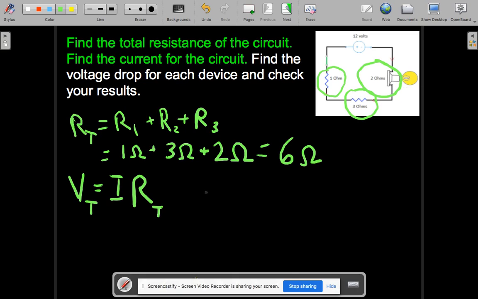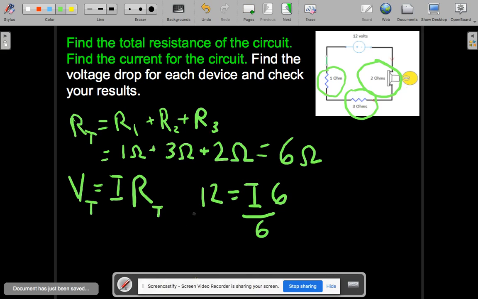Our total voltage in this case, we can see it up here in the problem itself, is 12 volts. So we can say 12 volts equals I times our total resistance, which was 6. To find the current, we're just going to divide both sides by our resistance.